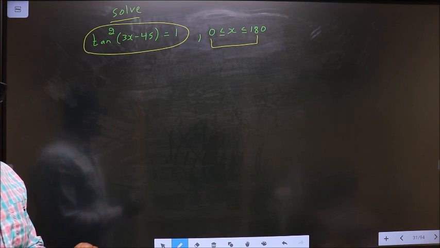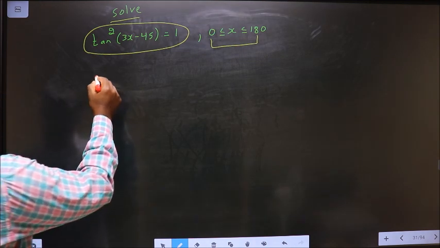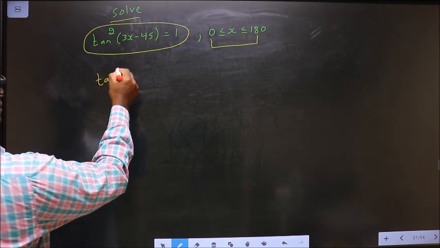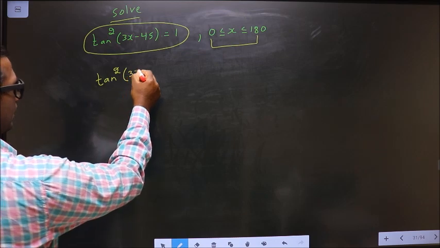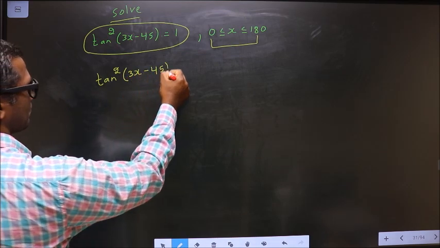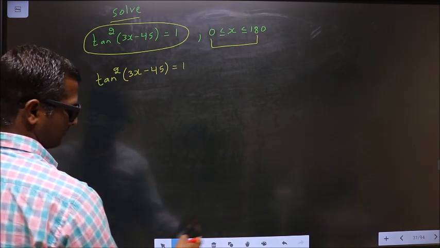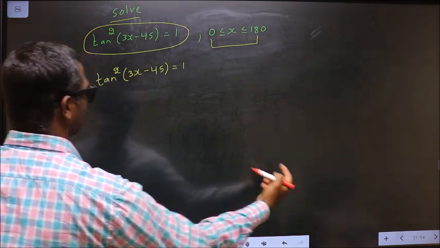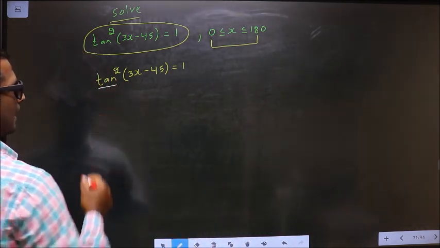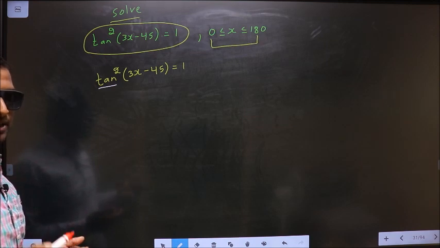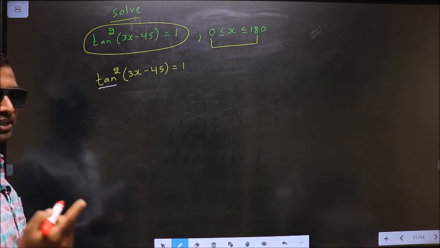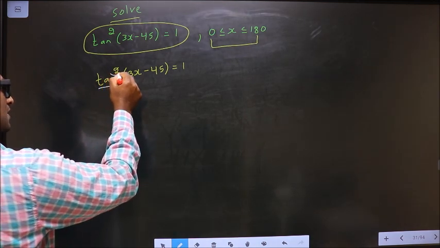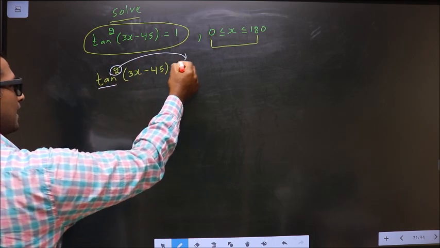First, the given equation is tan squared (3x minus 45) equal to 1. Here you have tan, so now you make tan the subject. For that, you should shift the square to the other side.